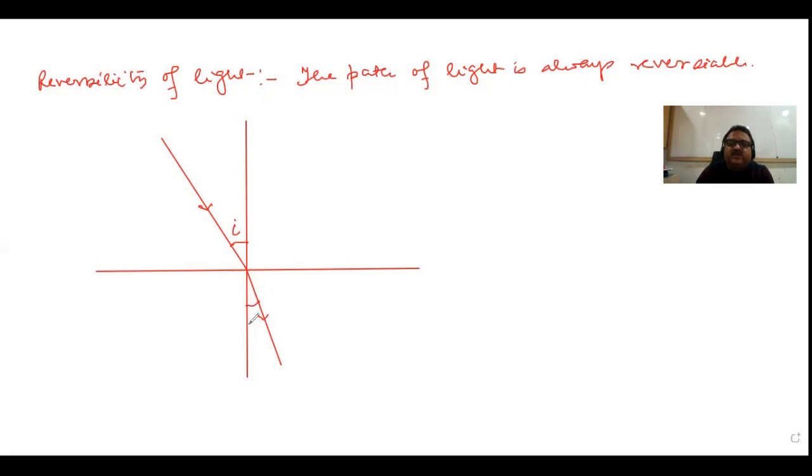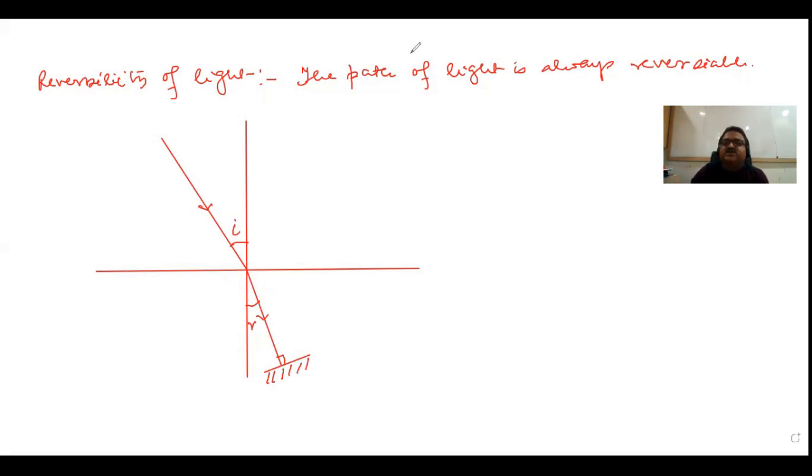Please follow it carefully. I am placing a mirror on the path of the refracted ray, in such a manner that the refracted light falls on the mirror normally. That means the angle of incidence is 0 degrees.